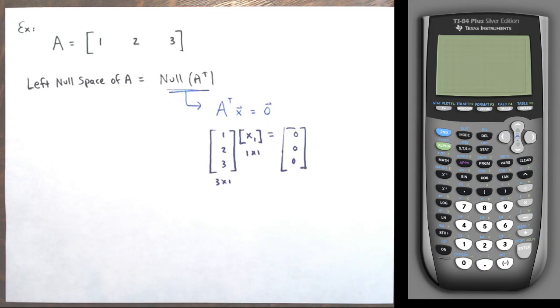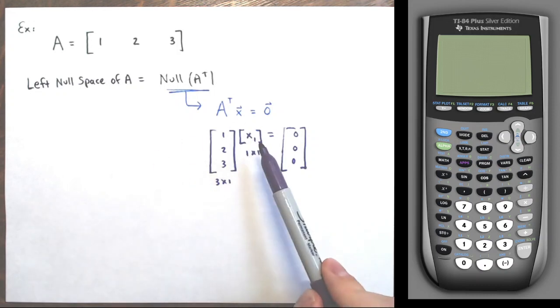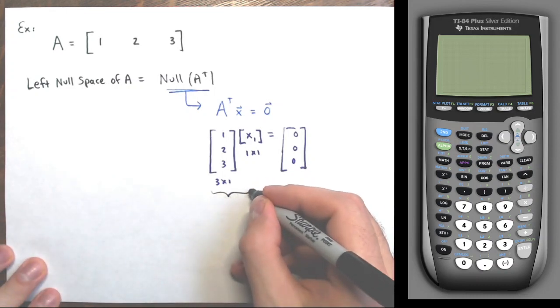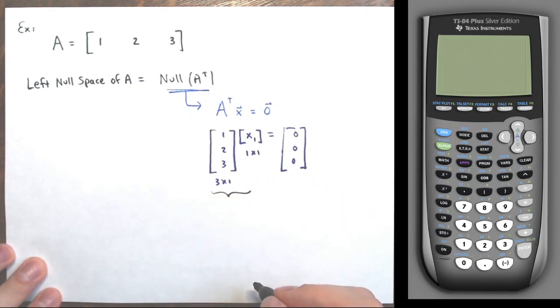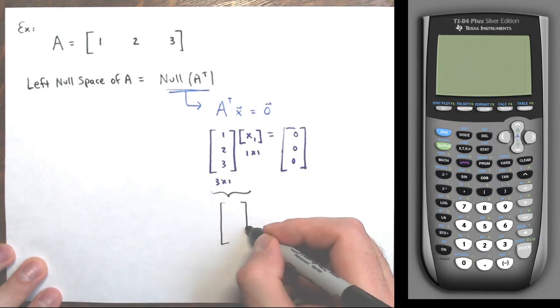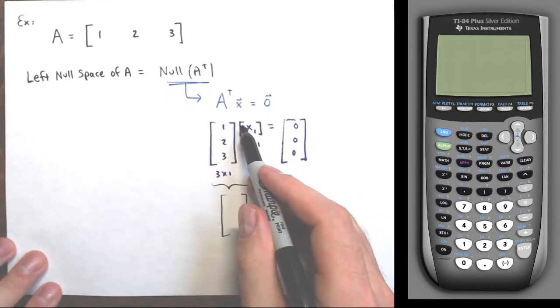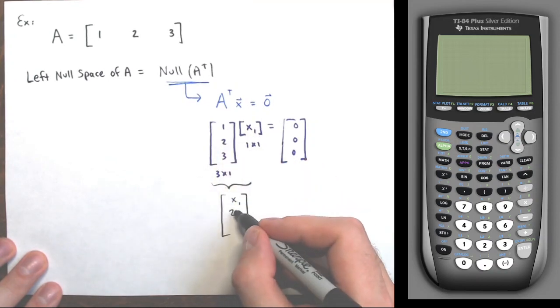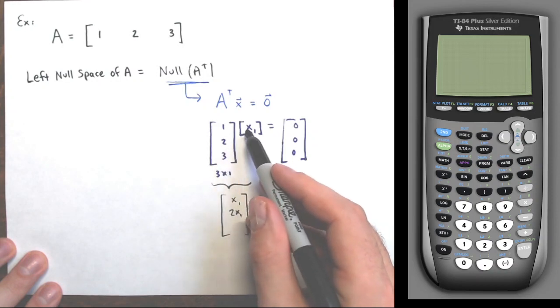Now can you see that the only solution is x1 has to be 0, right? This would set up the following system. If I multiply these two matrices, a 3 by 1 times a 1 by 1, I'd get a 3 by 1 where the first row would just be x1, the second row would be 2x1, and the third row would be 3x1.